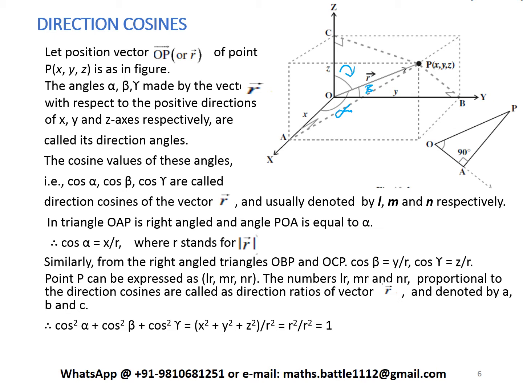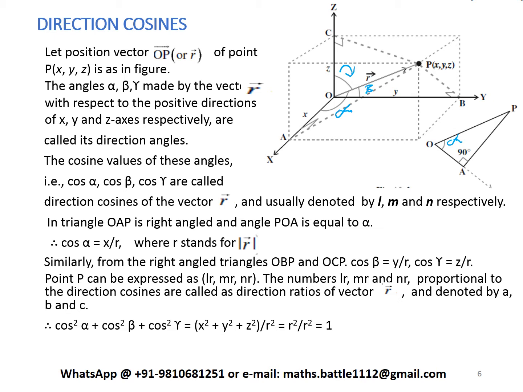In the right angle triangle OAP, angle POA is alpha, therefore cos alpha is equal to x upon r, where r stands for the absolute value or magnitude of vector r.